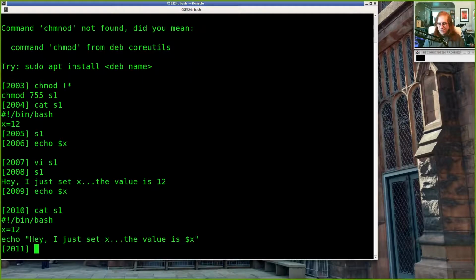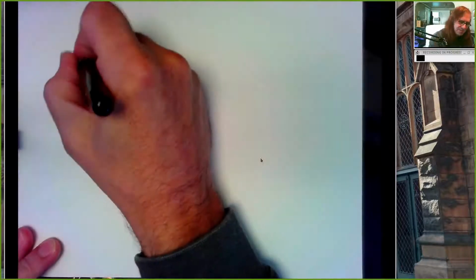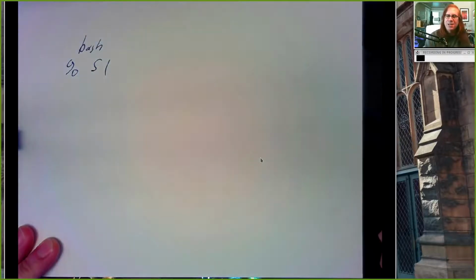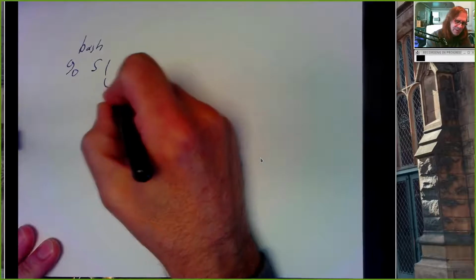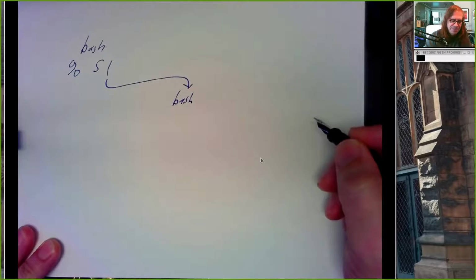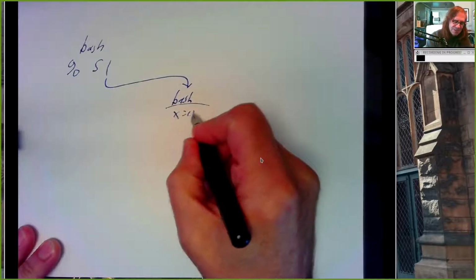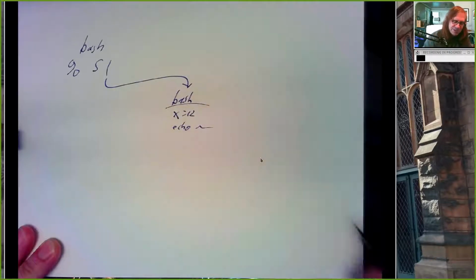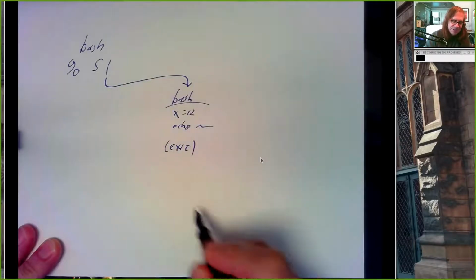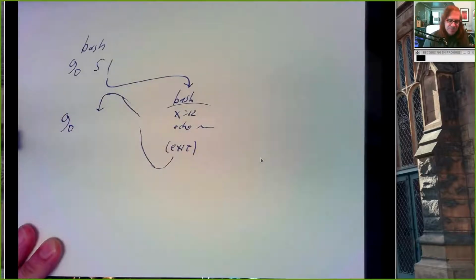So here's what's happening with Bash. I'm sitting here in my Bash shell and I've got a prompt. And I say, let's run S1. The first thing that happens is a new instance of Bash begins. Inside this instance of Bash, it says x equals 12, echo all of this stuff. Then it hits the end of my script, so this shell exits, and I come back here, and there's my next prompt.